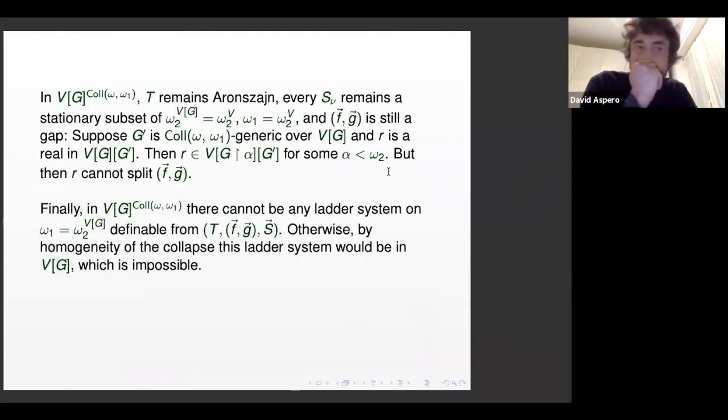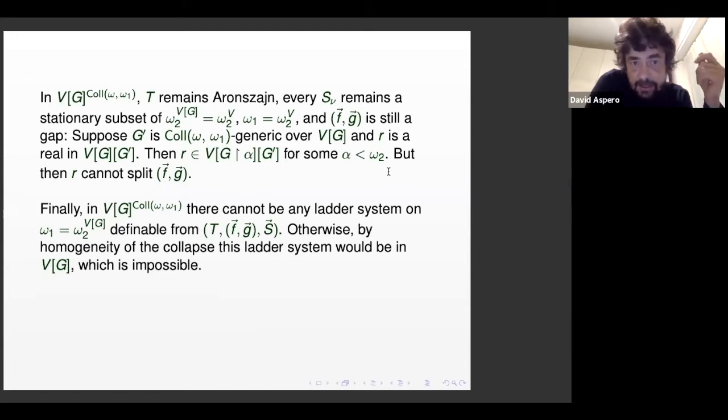So now what you do is you collapse omega 1 to omega over this extension, and then T remains Aronszajn, and every S_nu remains a stationary set of the old omega 2, which is now omega 1. And F of G is still a gap. Suppose G prime is a generic for this collapse over V of G, and you take a real r in that model.